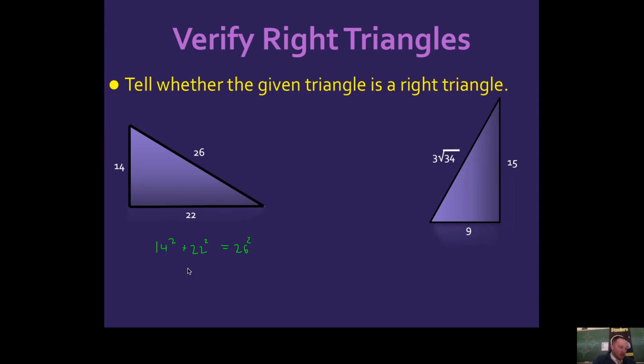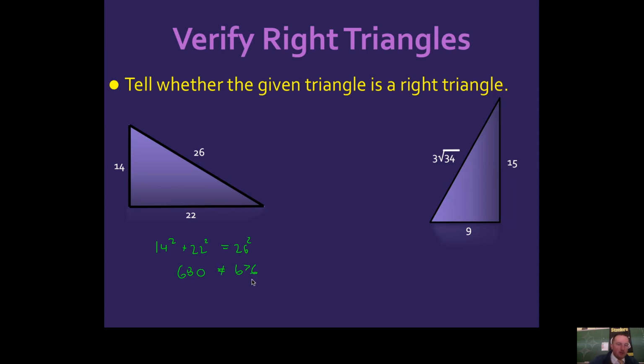Okay, well, I'm just going to type it into my calculator. I know you can't see it, but I'm doing 14 squared plus 22 squared. Oopsies, I messed up. 14 squared plus 22 squared. That gives me 680. 26 squared, that's not even on your perfect square list, but it's 676.